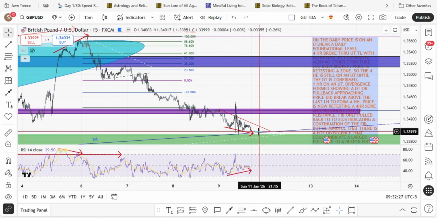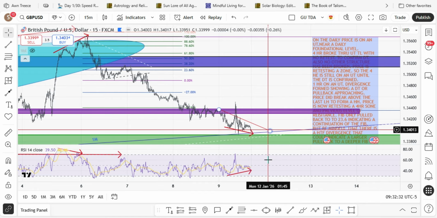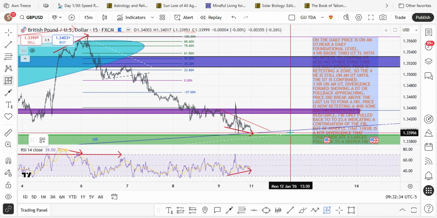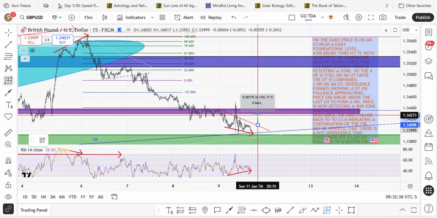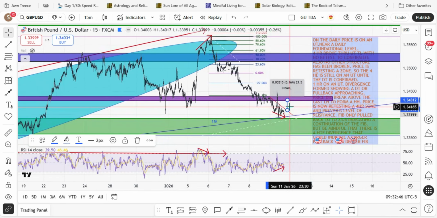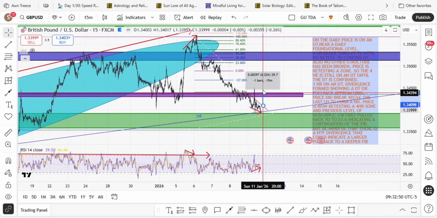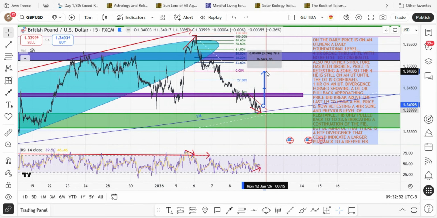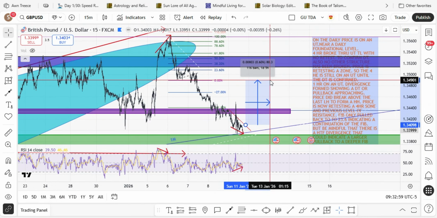Okay, so maybe the price goes above there, takes it back up to there, but I guess that's kind of not really worth it. We could go back up here, retest that previous level of support.